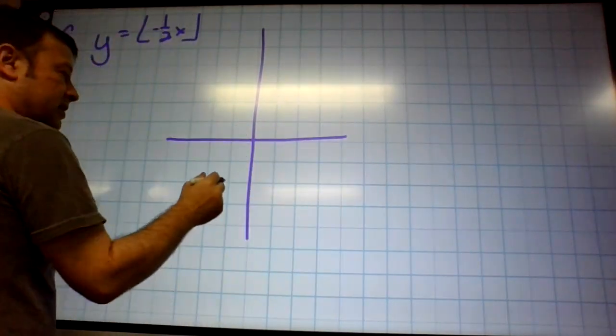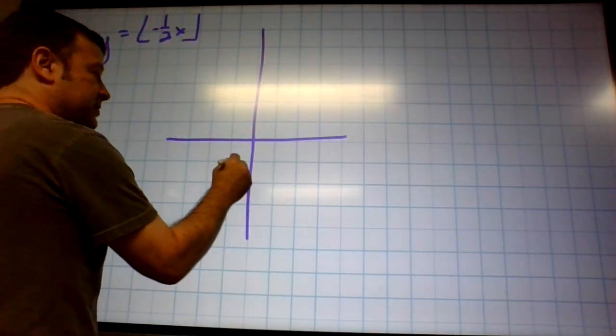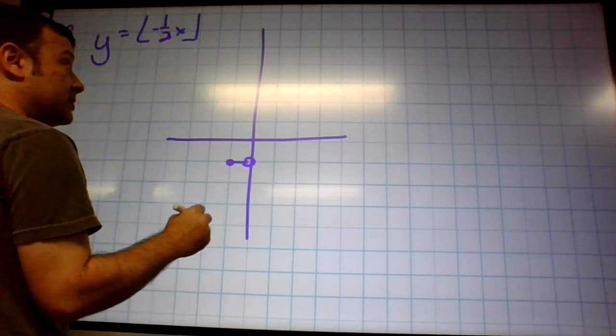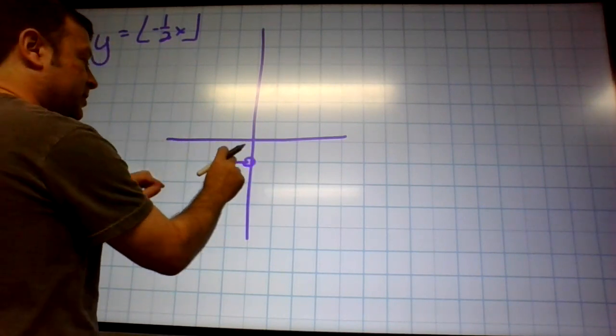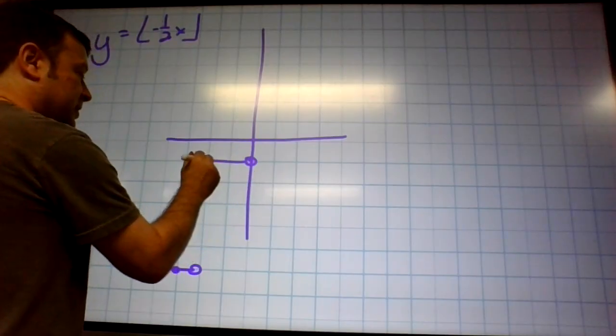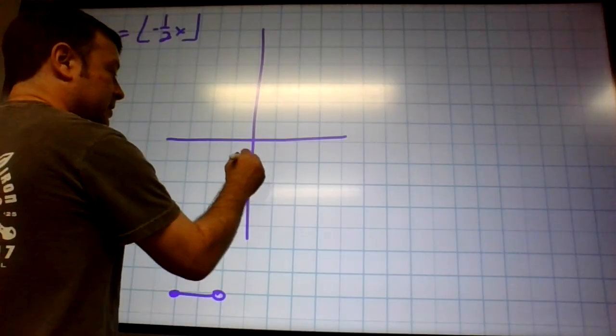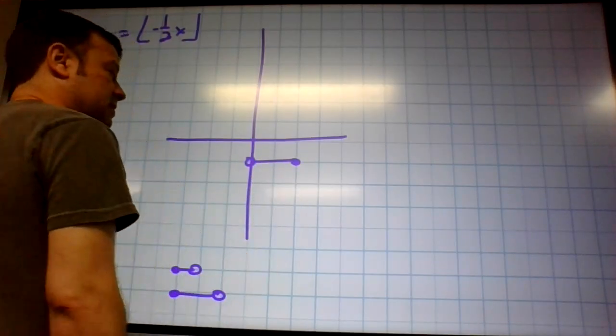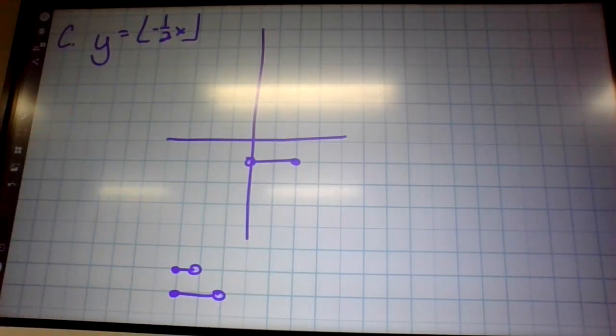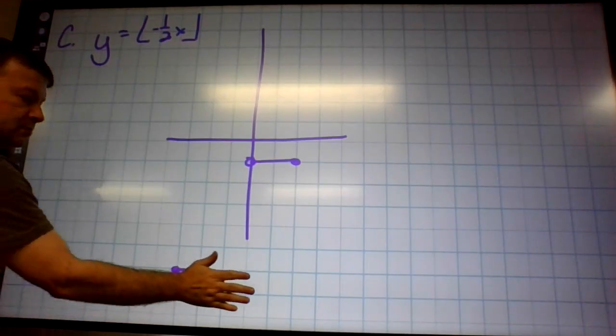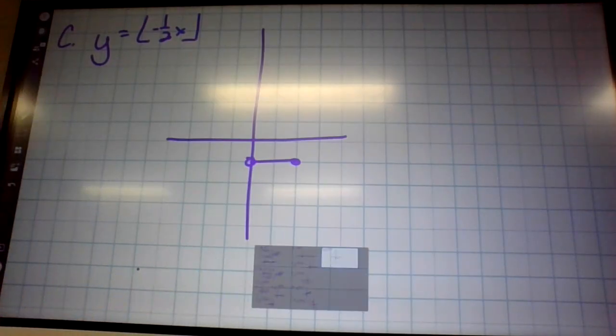Okay. So this is not the right answer, but this is where it started. The 1/2 is going to stretch it to twice as long, and then the negative is going to flip it. Horizontal flip. It'll be wide.